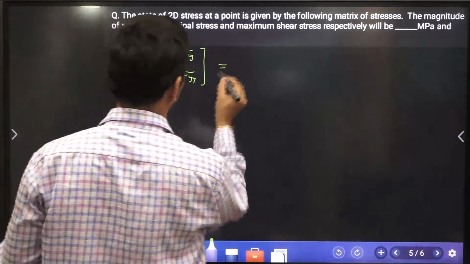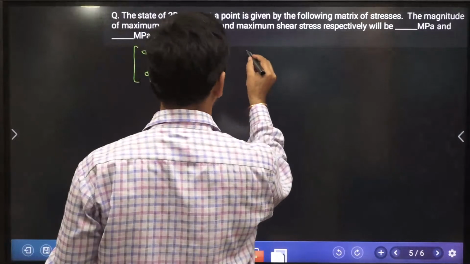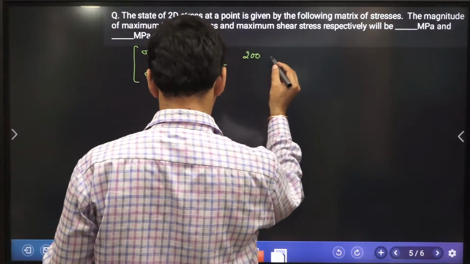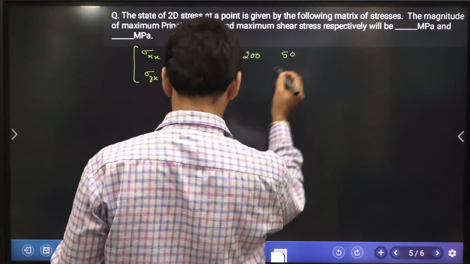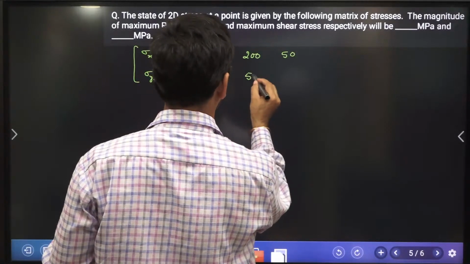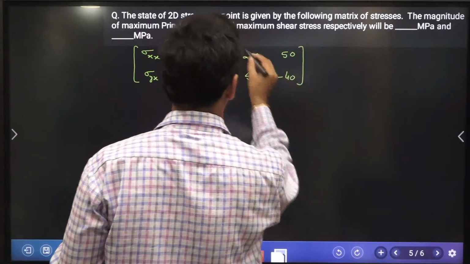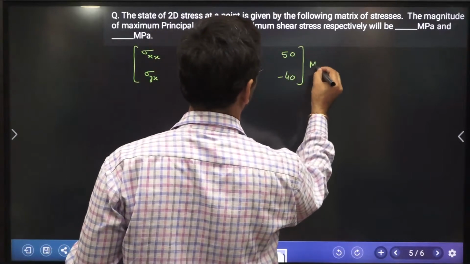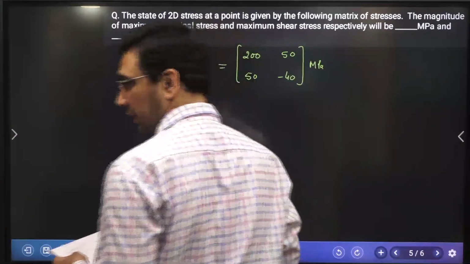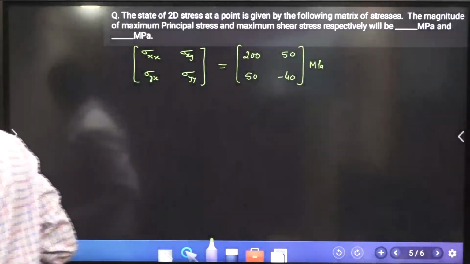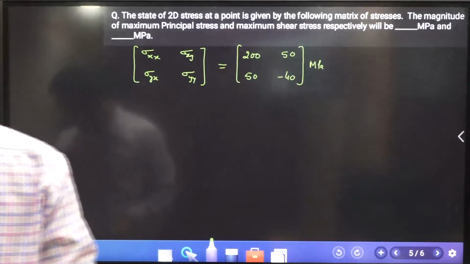This is the matrix of stress for a plane stress system, that is 2D: 200, 50, 50, minus 40. So this is given to you in megapascal.